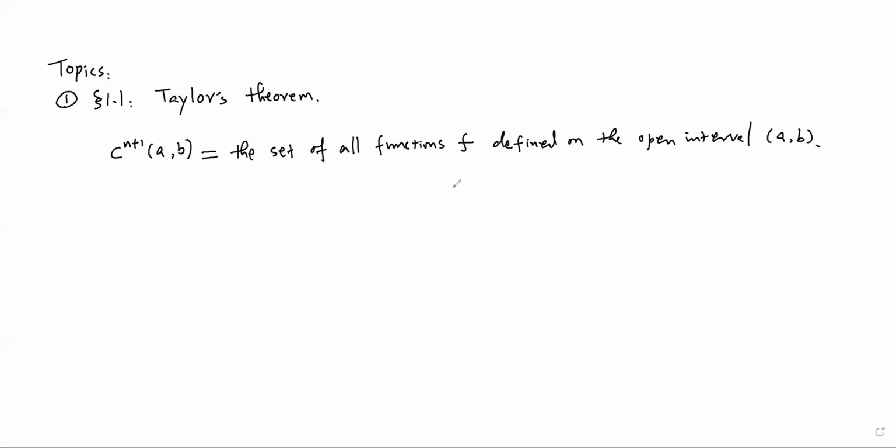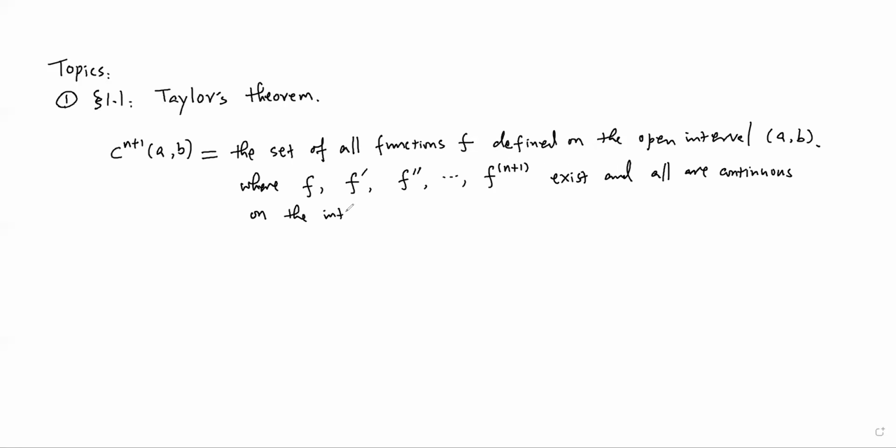And this function has derivatives up to order n+1, where function f, first derivative, second derivative, and derivative n+1 times, they exist. And all are continuous on the open interval A to B.